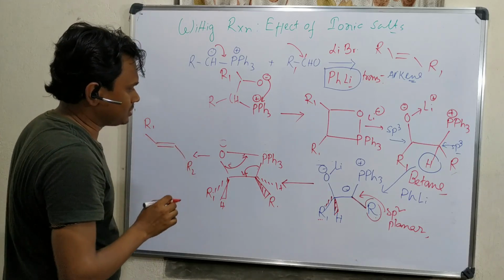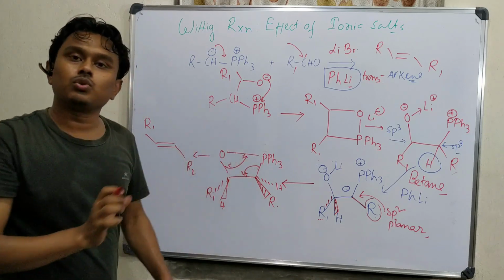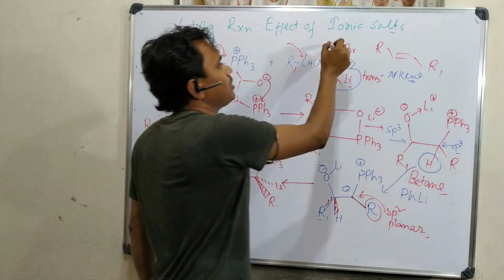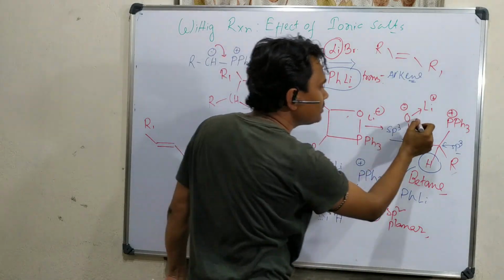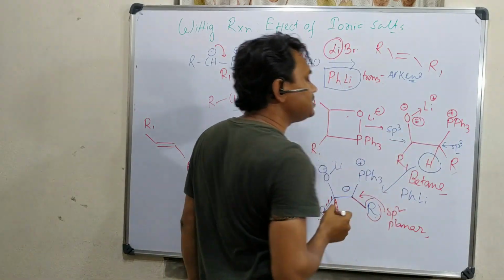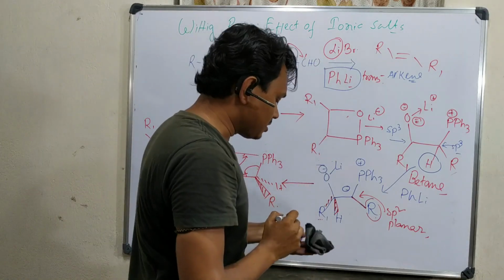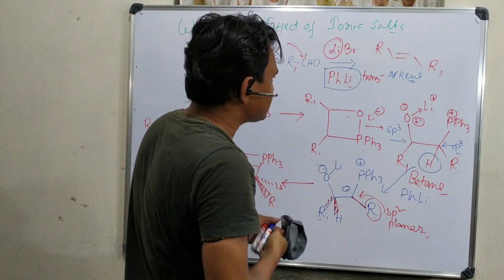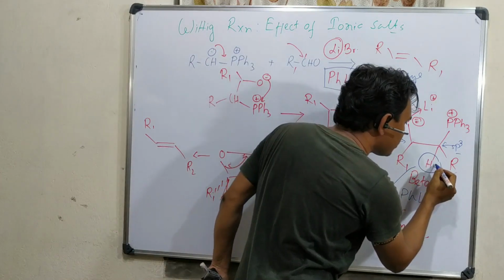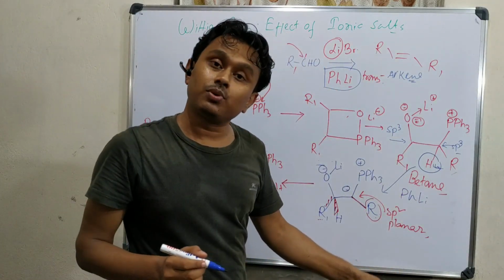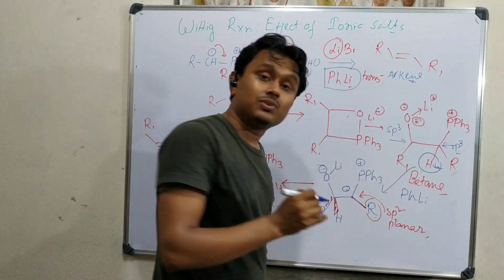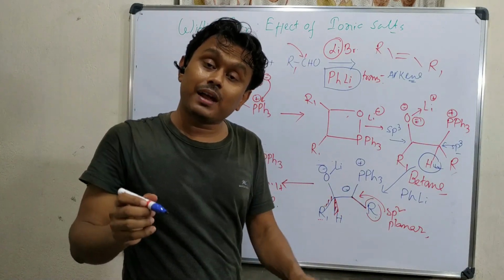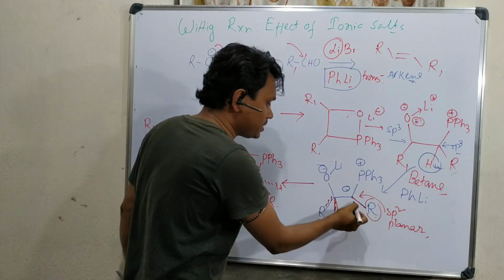So this is R1, this is R2. So what is the role of this lithium? First, it breaks the ring to form this oxygen betaine intermediate. The second role is abstraction of this proton. Abstraction of this proton will produce a planar sp2 hybridized carbanion, and that carbanion will take the preferred geometry.